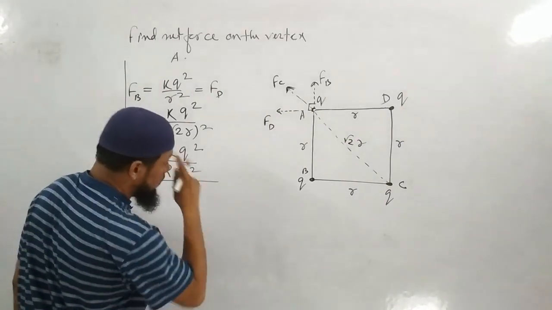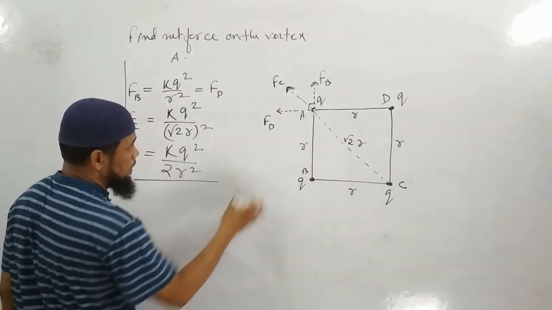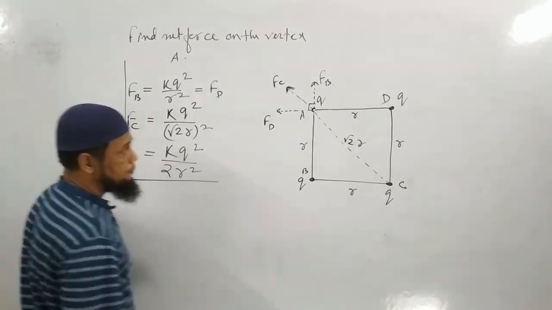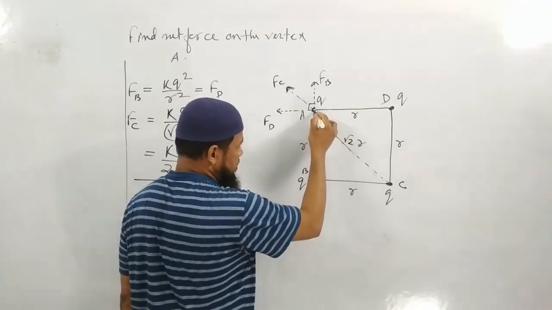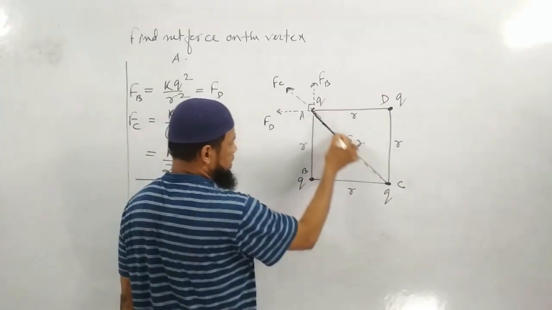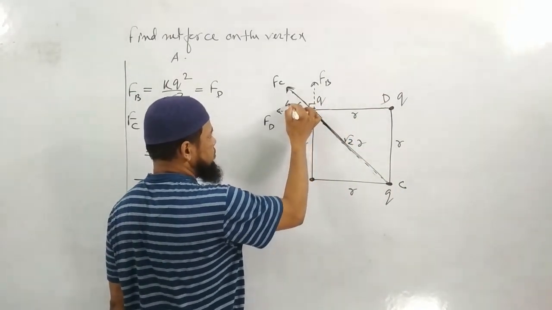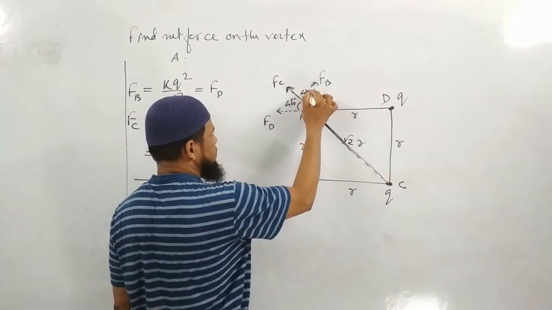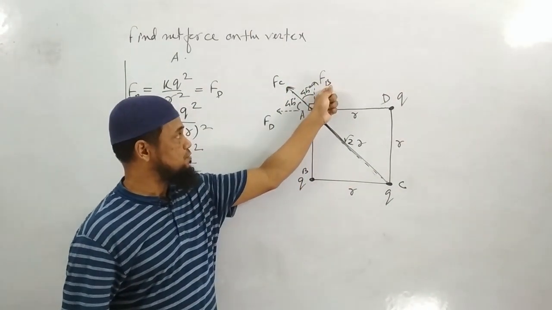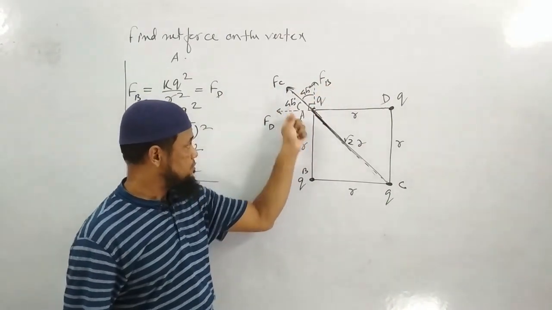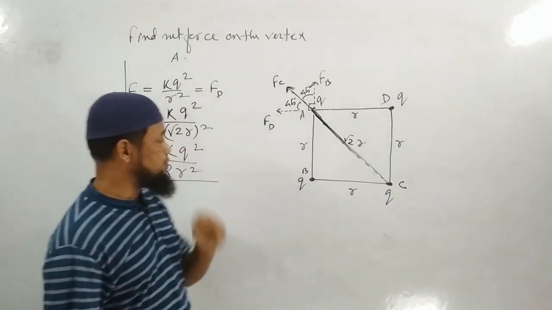Okay, now we can solve it very nicely, because since this is going to be a square, this particular diagonal is going to bisect the angle 45. So that means FC is making 45 with FB, 45 with FD, 3 forces.